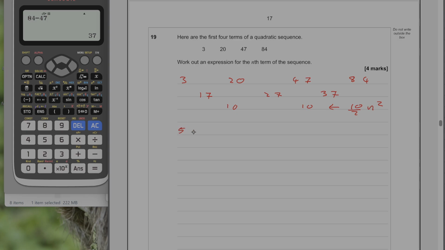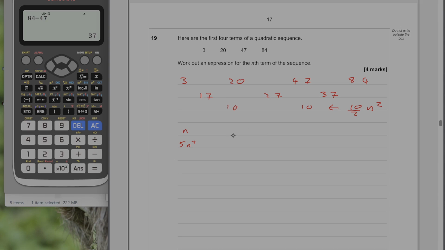So if I start by looking at 5n squared, let me do this slightly differently. If I say my values for n and then my values for 5n squared: 1, 2, 3, 4.